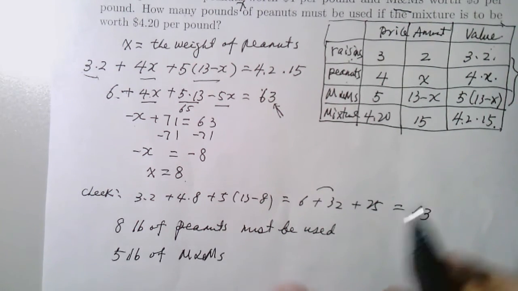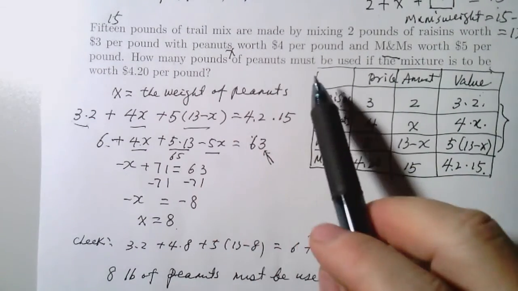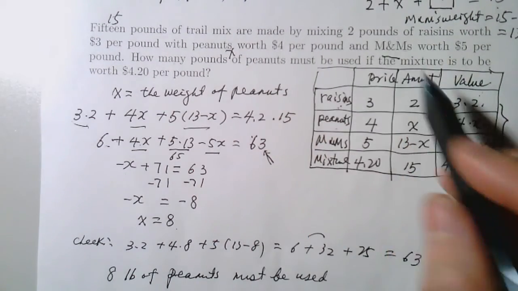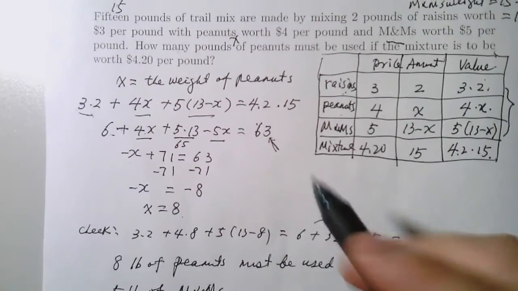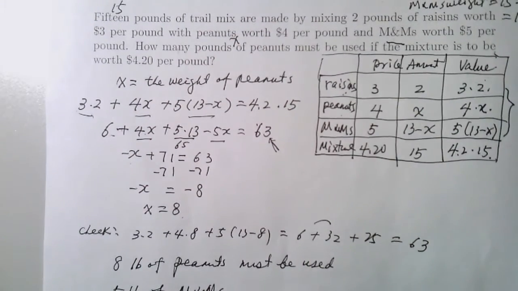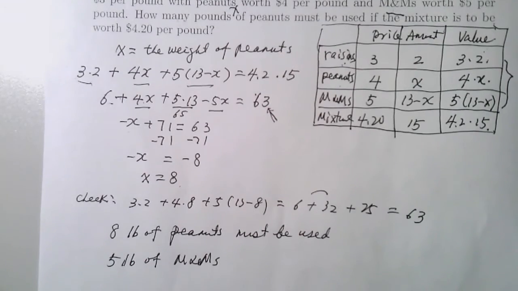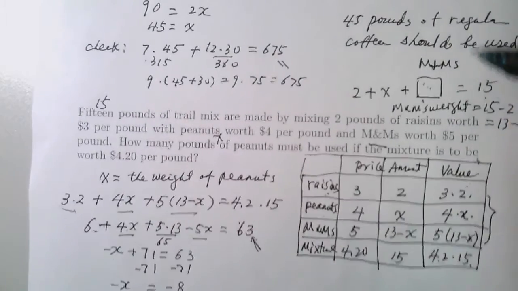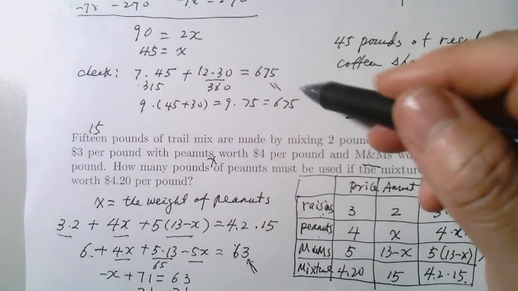Although it didn't ask us about the weight of M&M, but as I mentioned, if you can figure out the peanuts weight, you can figure out the M&M's weight too. Okay, that's the end of this kind of problem.